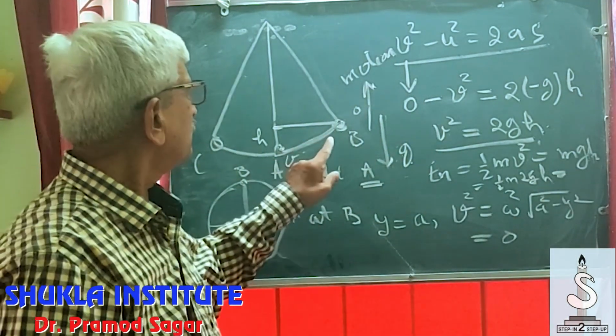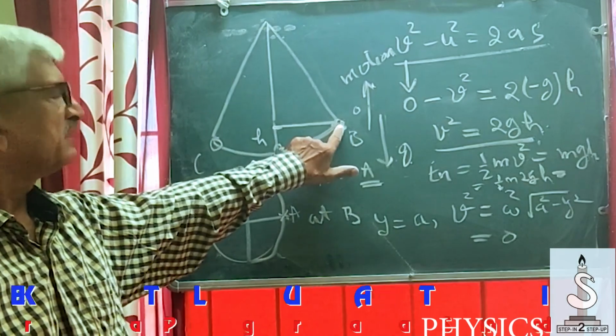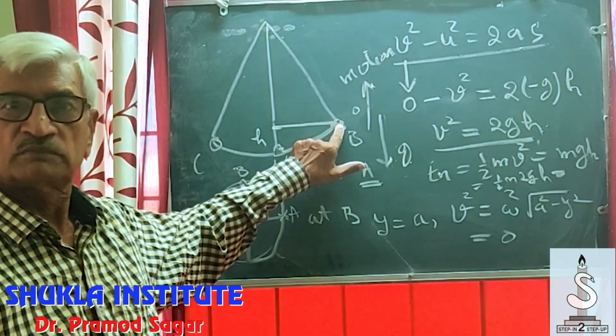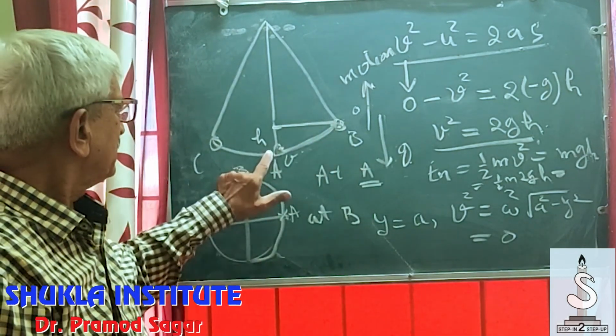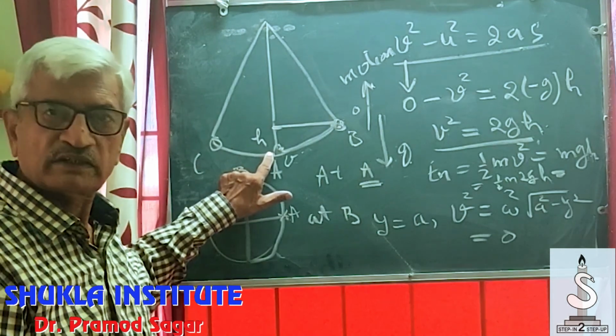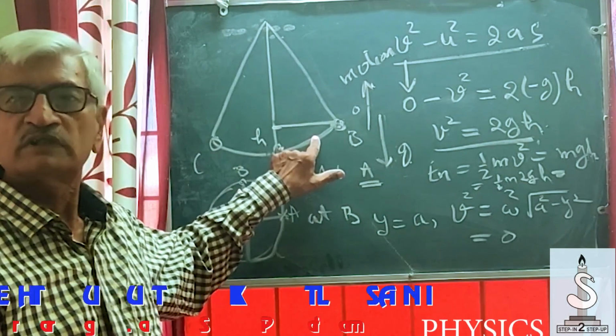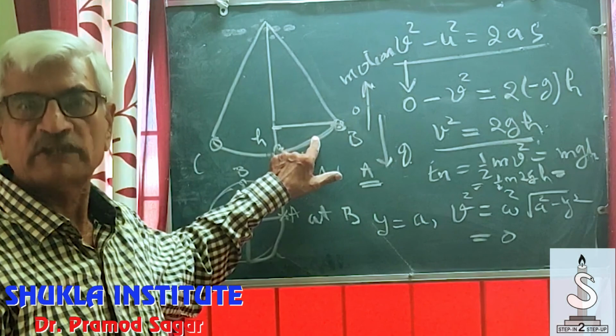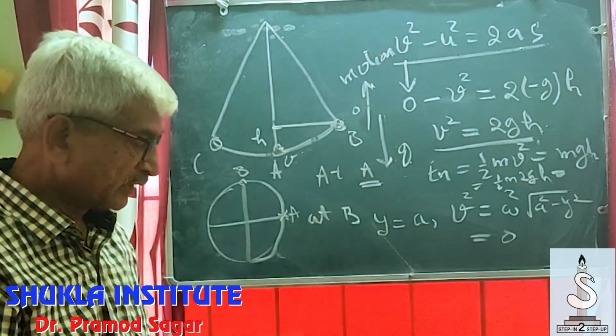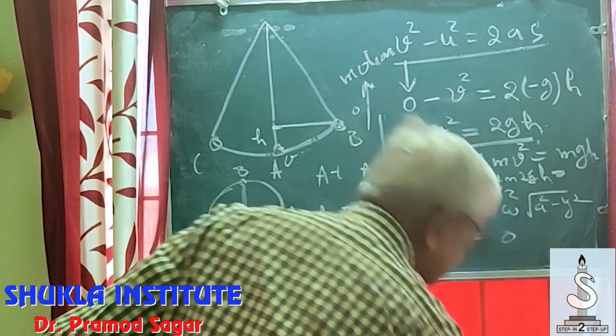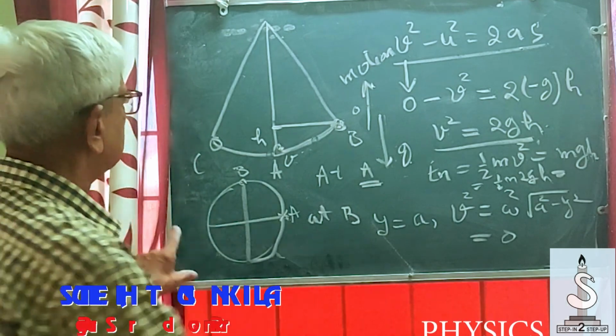So now we can see here that the total energy has become potential energy. The energy was kinetic energy here. In between, the energy is kinetic energy as well as potential energy. I can further explain everything from a graph.